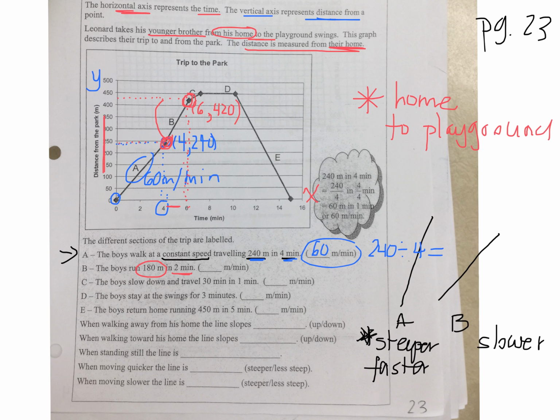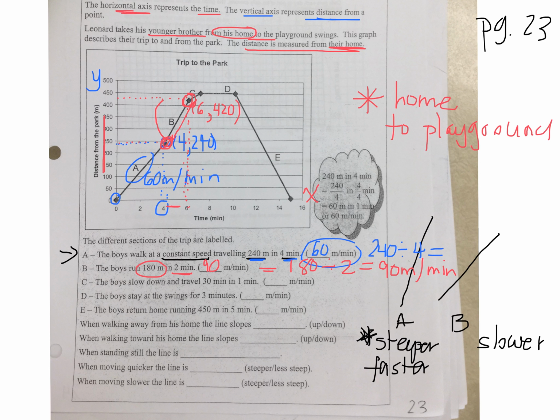They started running. What do you notice about the line? Line B, is it steeper or less steep? It's steeper. They're going faster, okay? So what is the rate for section B? If it's 180 meters in 2 minutes, what's 180 divided by 2? 90, good. So that section is 90 meters per minute. Now section C, there's a typo.